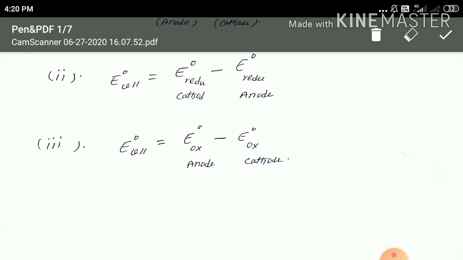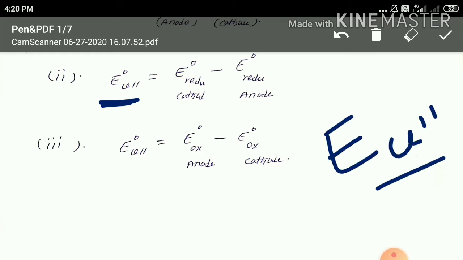Here you may observe, in some cases we write only E cell, in some other cases we write E naught cell. So here I wrote E naught cell. In some other cases we may write E cell. So E cell means the EMF value of the cell at any condition.